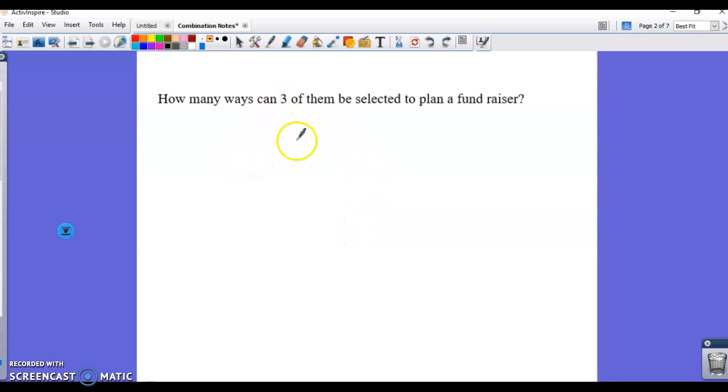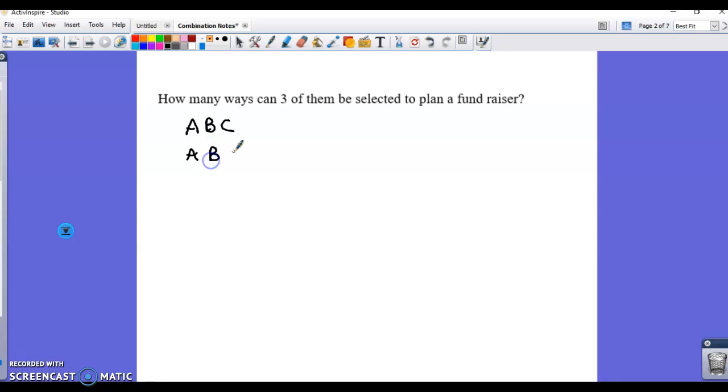So same group of people, how many ways can 3 of them be selected to plan a fundraiser? Well, getting into 3 gets to be a little bit harder of a list, but if we stick with alphabetical, it's not so bad. So A, B, C would be your first, and then just only change the last letter.